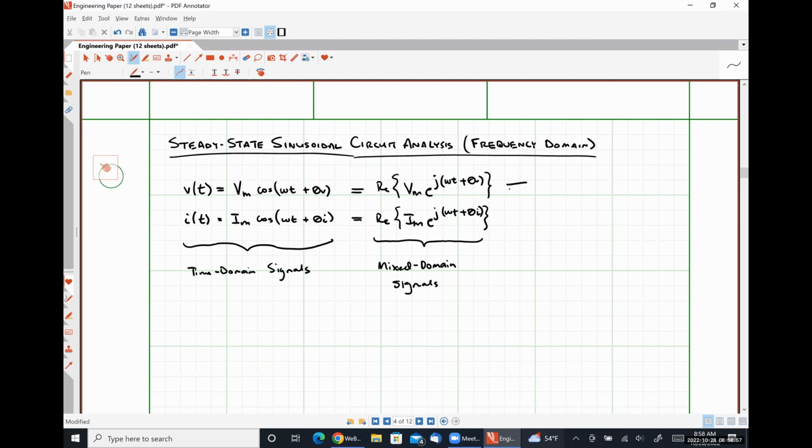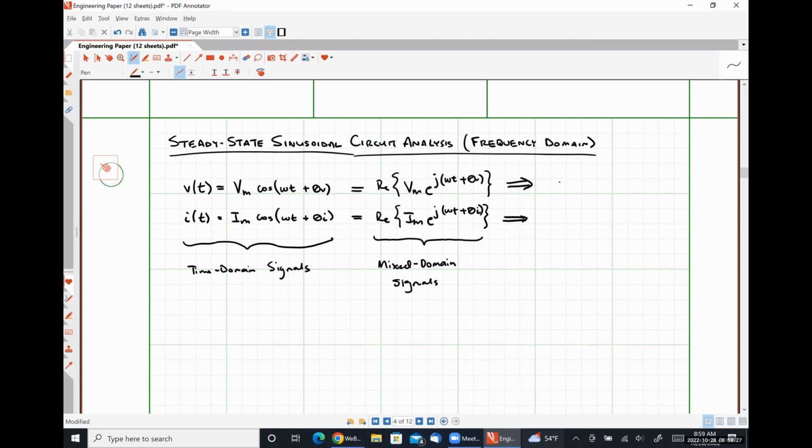What we are going to use are frequency domain representations. Okay? So these are specifically called phasors or phase vectors. And how we get from the mixed domain to the phasor or frequency domain is we effectively just throw away the e to the j omega t part.